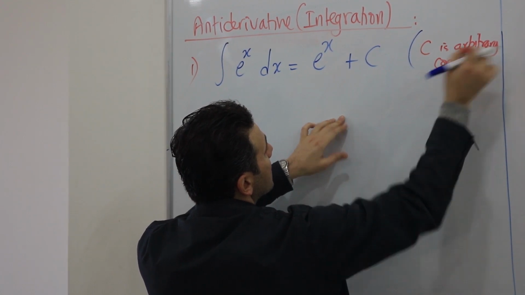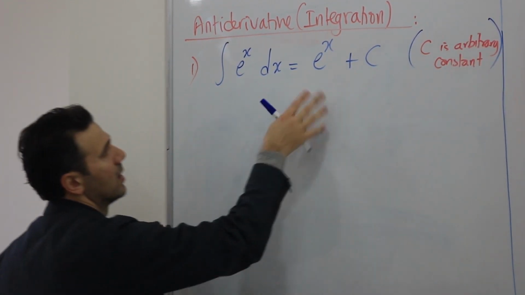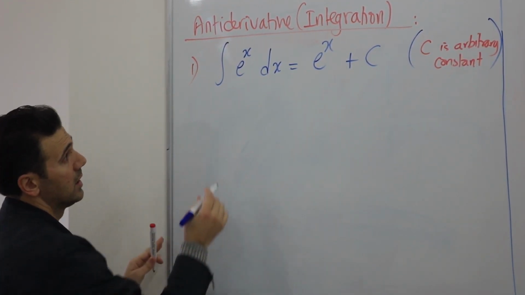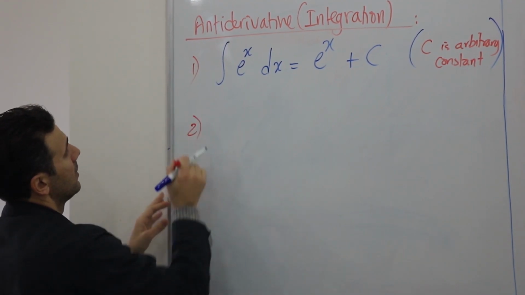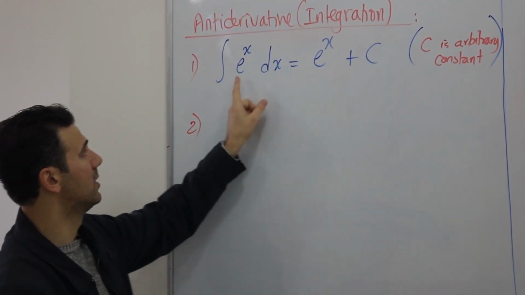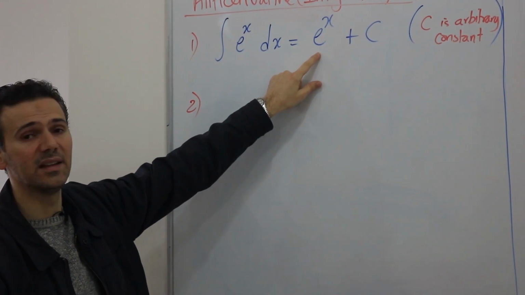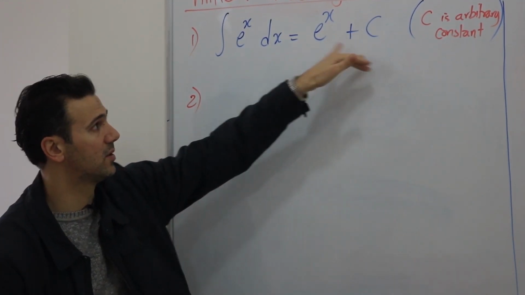We usually put it in when we are working on antiderivatives. If you try to take the derivative of this, it will be e^x, so this is the antiderivative of e^x.